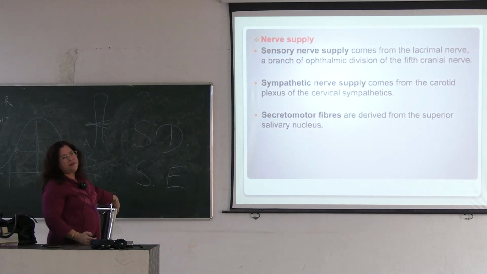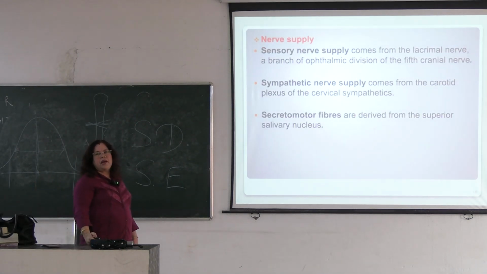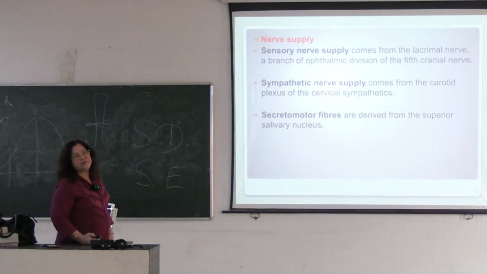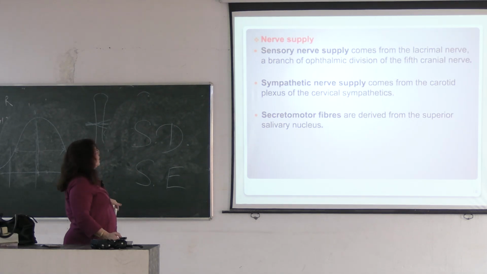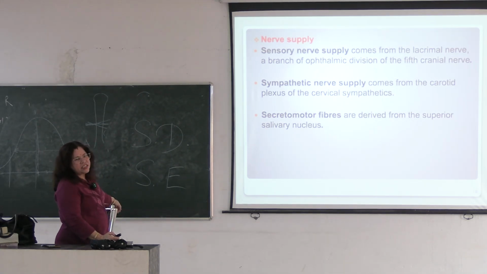The nerve supply of the lacrimal gland is the lacrimal nerve, which is a branch of the ophthalmic division of the fifth cranial nerve.